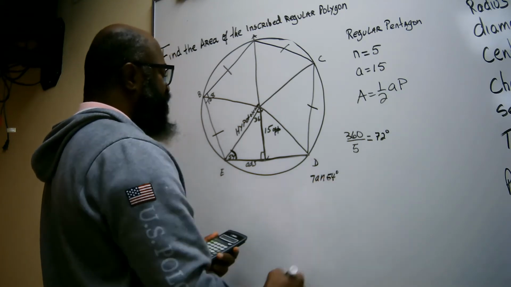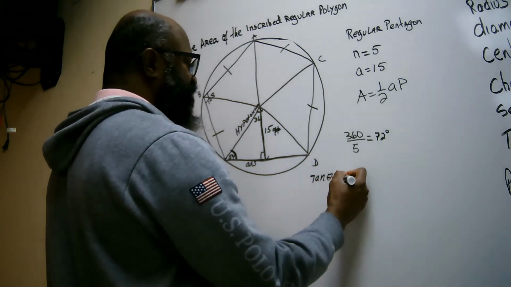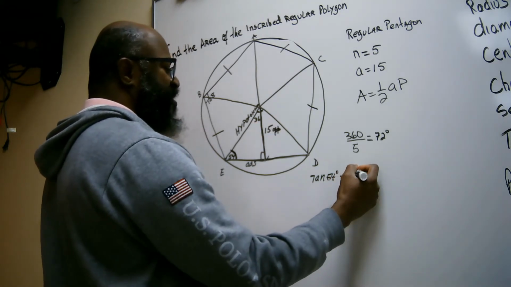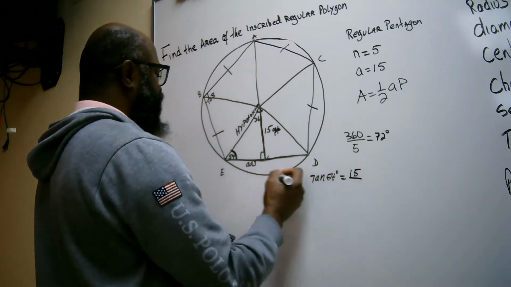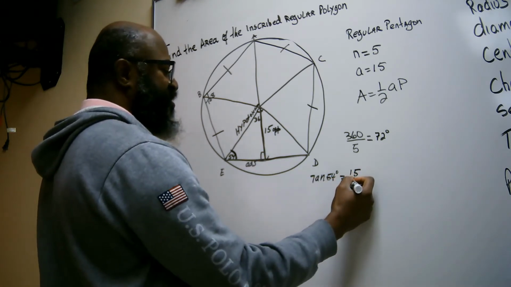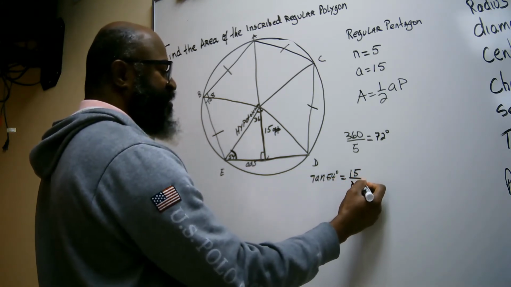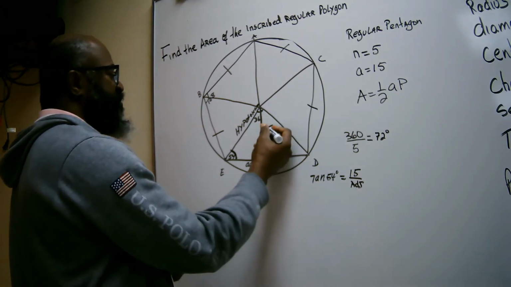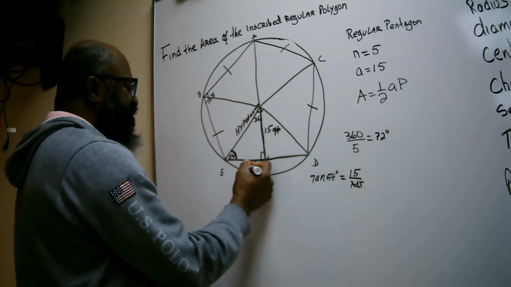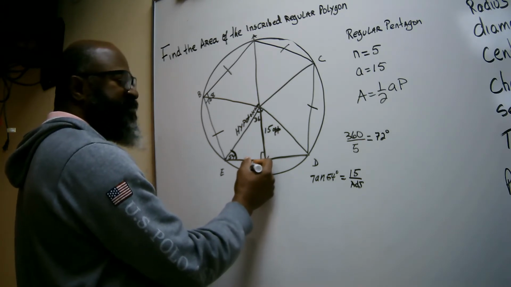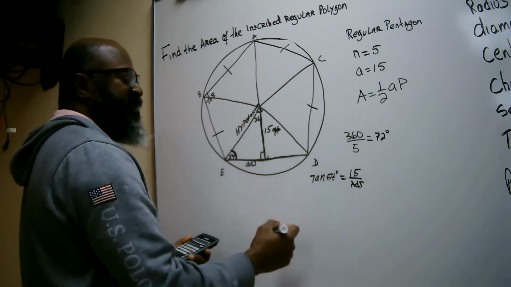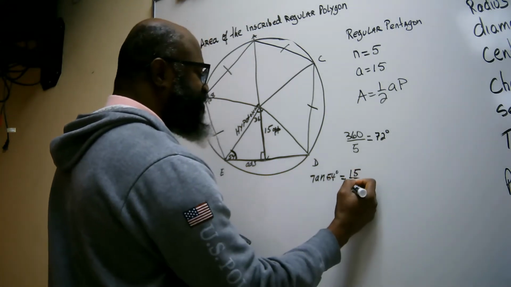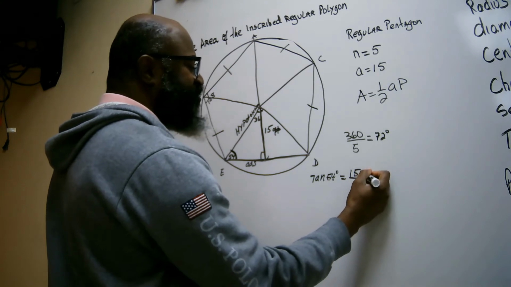Tangent of 54 degrees is equal opposite over adjacent. That will be 15, and over adjacent, I need to find the adjacent. Need to find that little x here, or you can call it x. Alright. So let's call it x instead. I can multiply both sides by x.